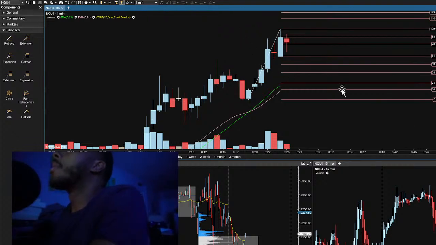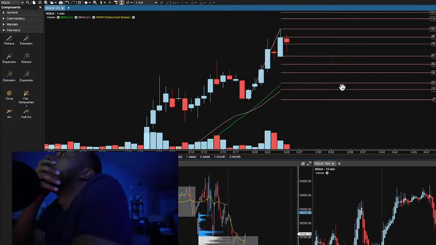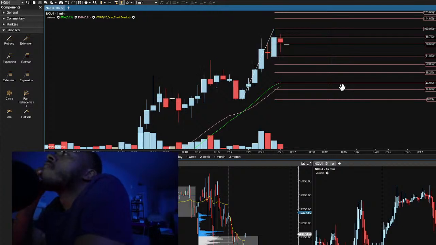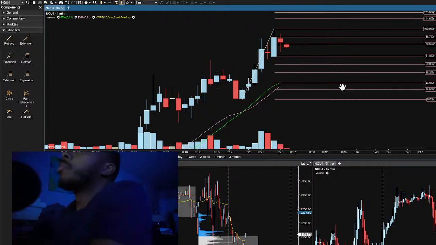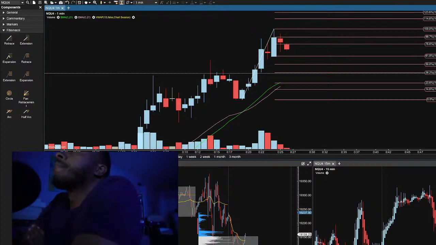Oh, there we go. 38 will actually be a nice one, just because 38% right here actually was acting as a point of resistance for a good chunk of change.